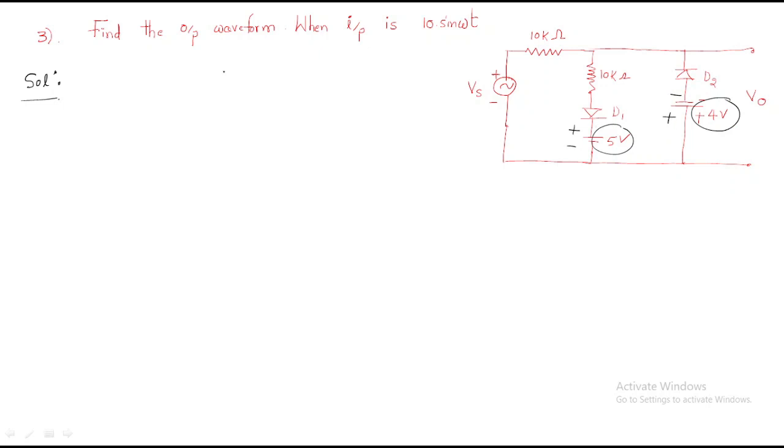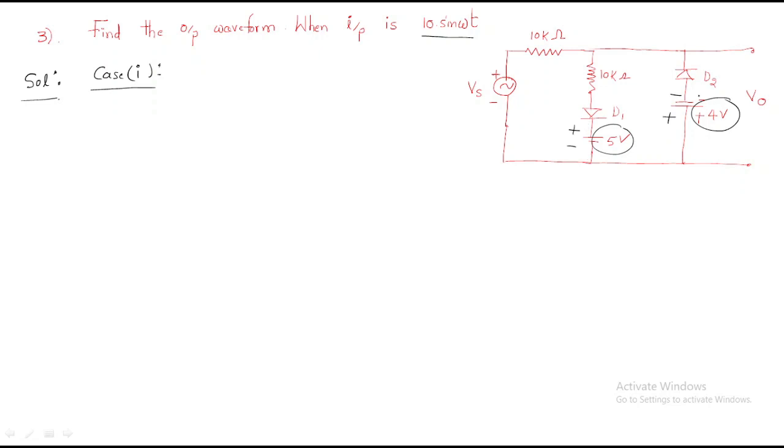We are dividing into some cases, same as when we discussed the theory of clippers. Case 1: the input voltage is 10 sin omega t. In this case 1, for example, the source voltage is more than 5 volts. What happens? When it is more than 5 volts, diode 1 is forward biased.